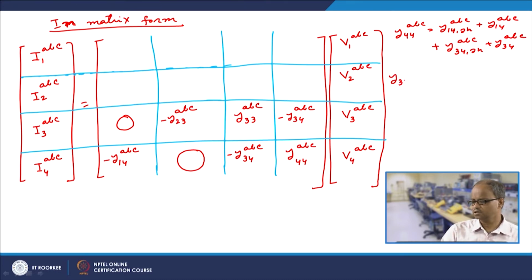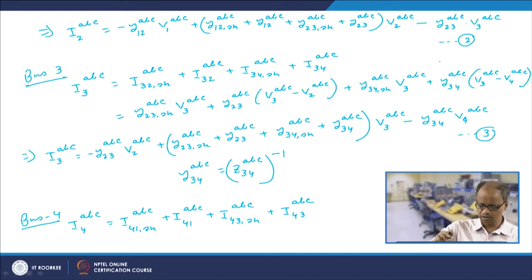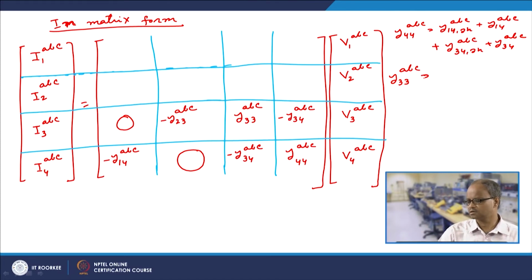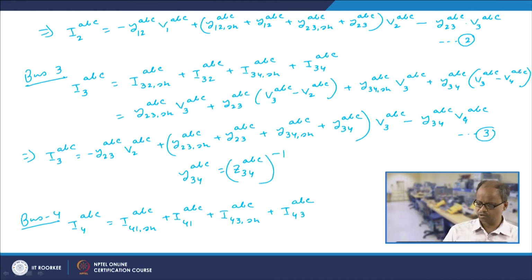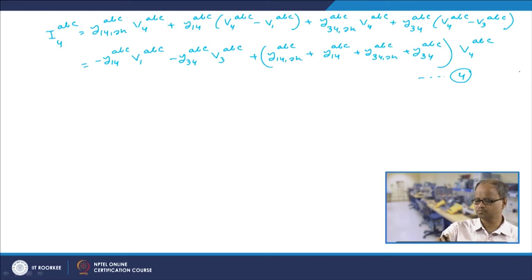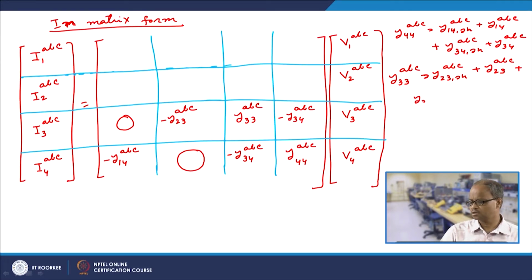Similarly, y33 ABC will be y23 shunt ABC plus y23 ABC plus y34 shunt ABC plus y34 ABC.